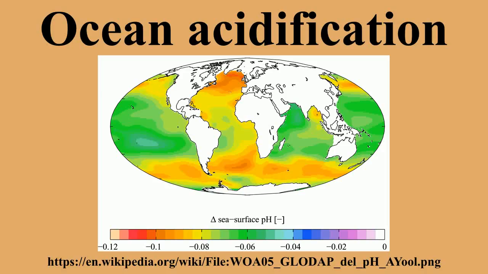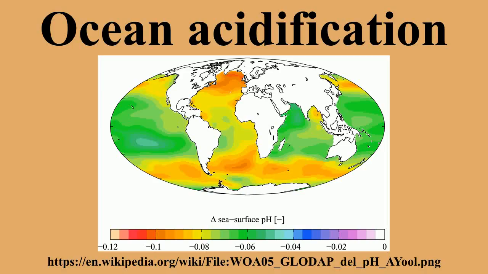Between 1751 and 1994, surface ocean pH is estimated to have decreased from approximately 8.25 to 8.14, representing an increase of almost 30% in H+ ion concentration in the world's oceans.